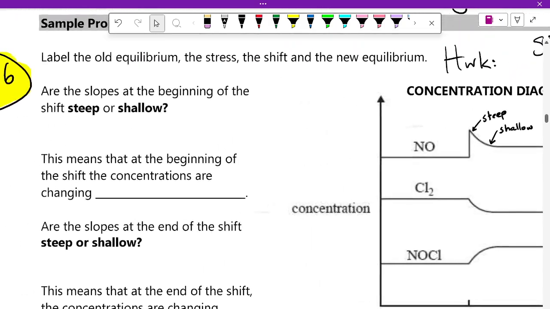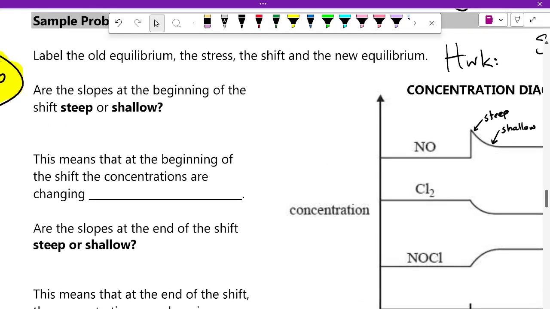Okay, so are the slopes at the beginning steep or shallow? They are steep. This means that at the beginning of the shift, the concentrations, are they changing quickly or slowly? They are changing quickly.